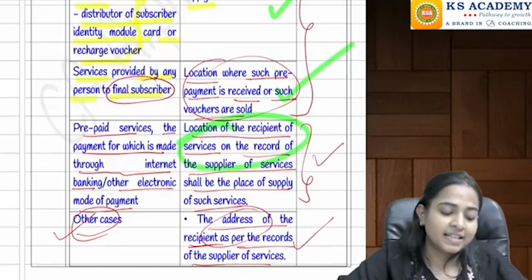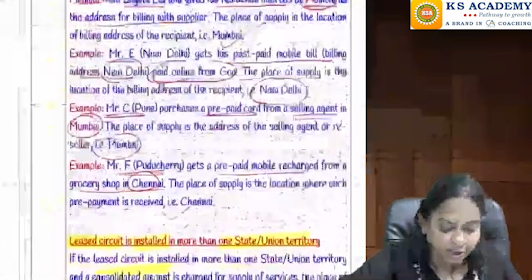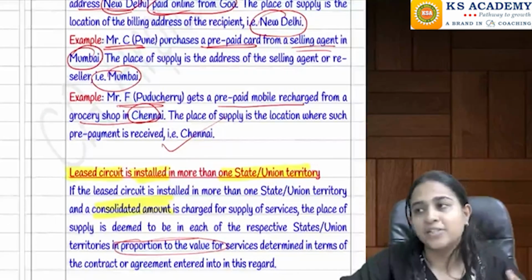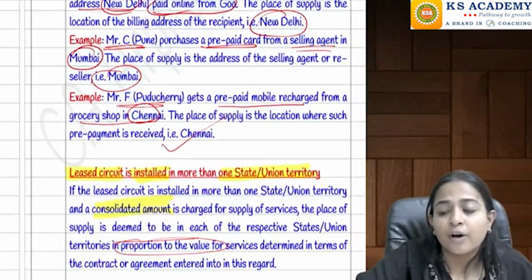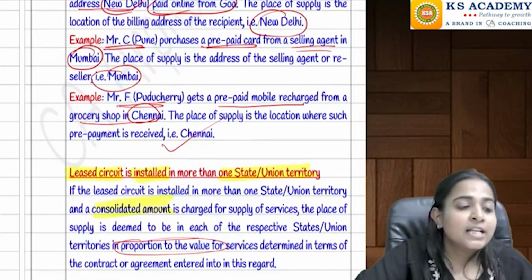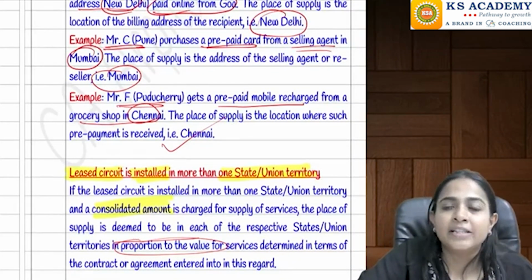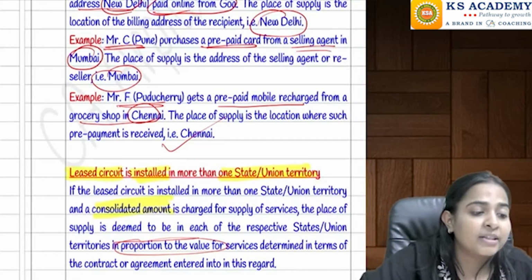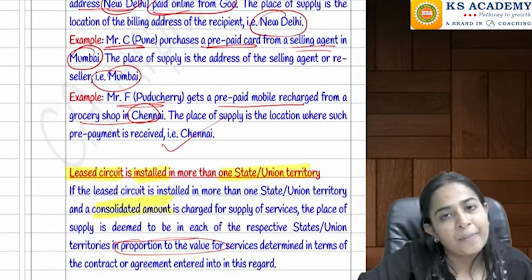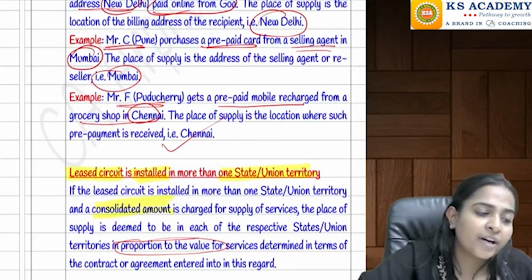Okay, then we had discussed leased circuit, if you remember. Leased circuit is generally used by MNCs for private networks. If the leased circuit is installed in more than one state, then you have to do the proportionate thing, as per the contract or the agreement.